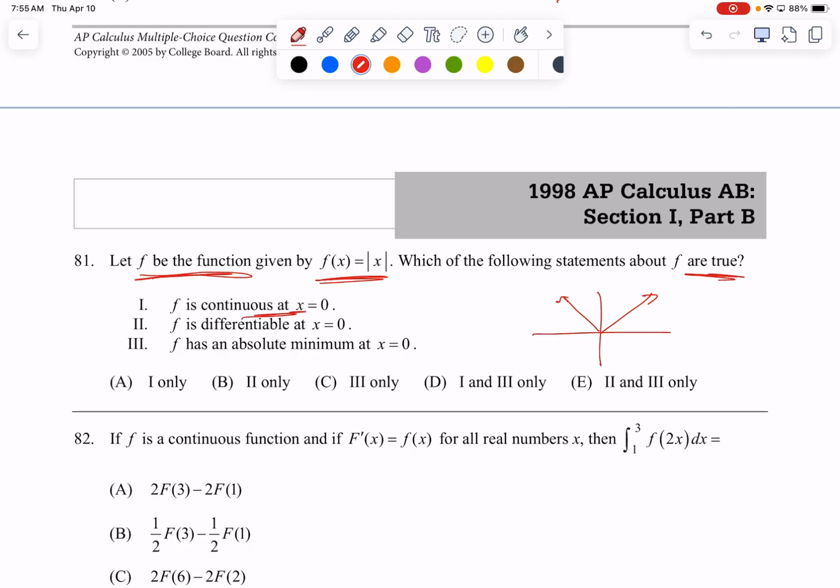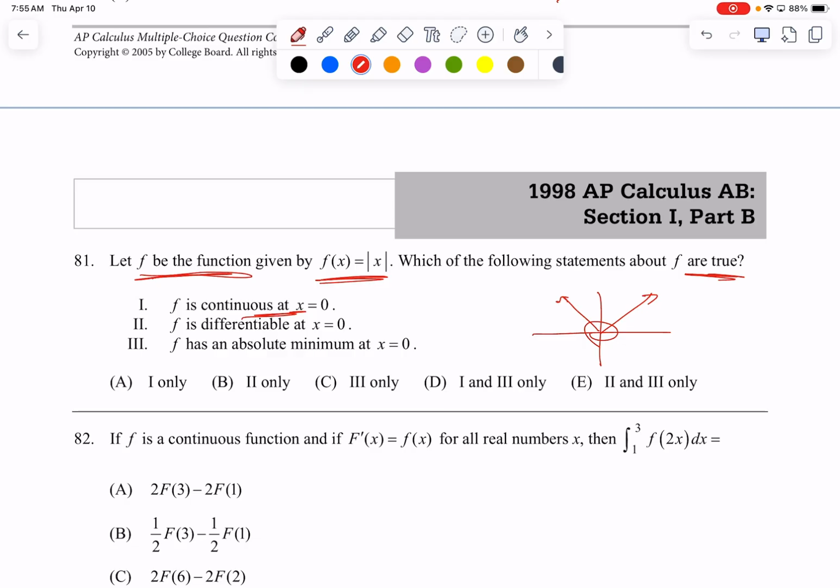Is f continuous at 0? It's definitely continuous. Three parts of continuity: the limit must exist, the function must be defined, and the limit value has to equal the function value.